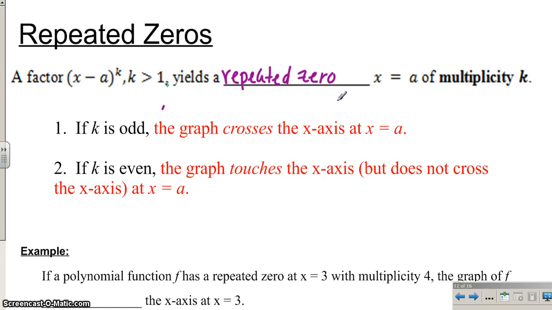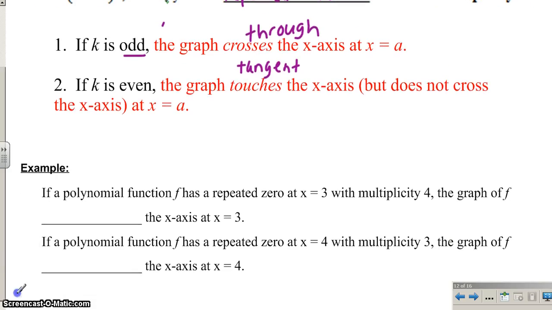If k is odd, then that means it's going to cross the x-axis. So it's going to go through. The words we used today were through and tangent. If k is even, then it's going to touch or be tangent to the x-axis.